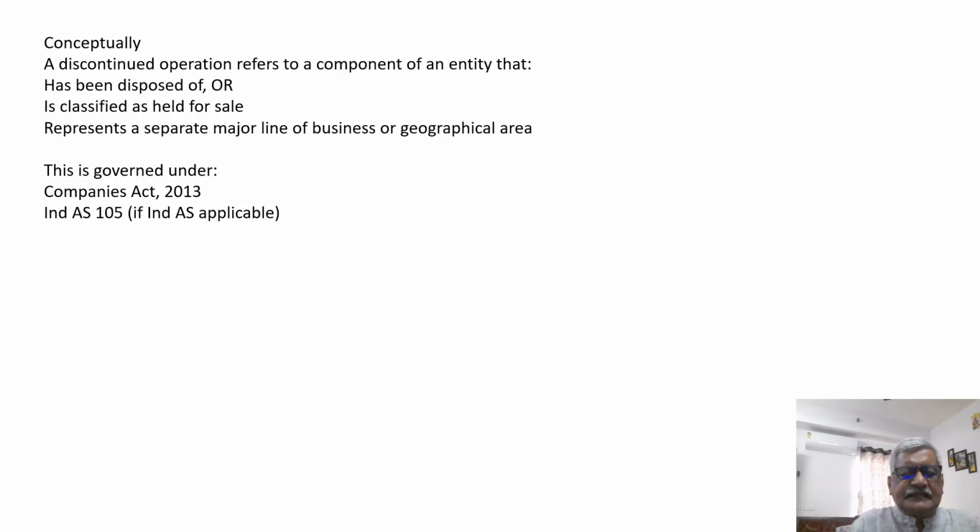Conceptually, a discontinued operation refers to a component of an entity that has been sold off or is classified as held for sale, and represents a separate major line of business or geographical area. This is governed under Companies Act 2013, Ind AS 105 if Ind AS is applicable.